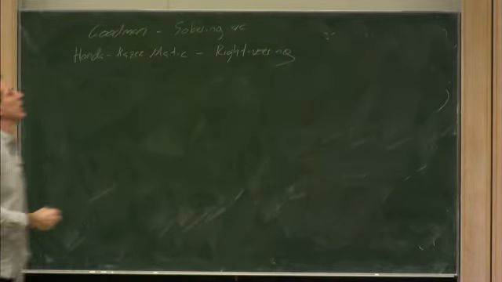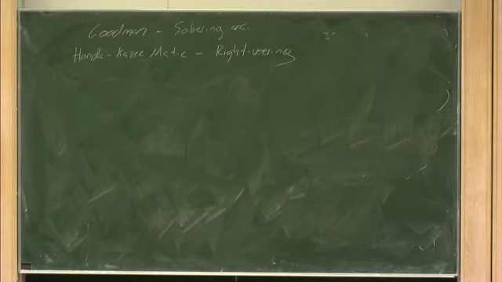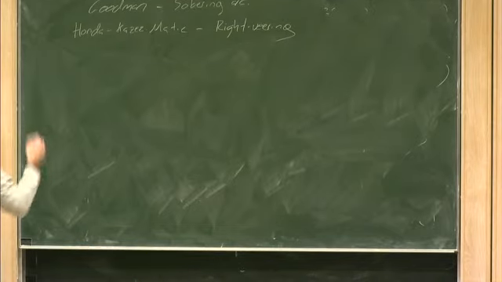So right-veering determines yet another monoid in the mapping class group, and let me just define it since it's a fairly ubiquitous term.